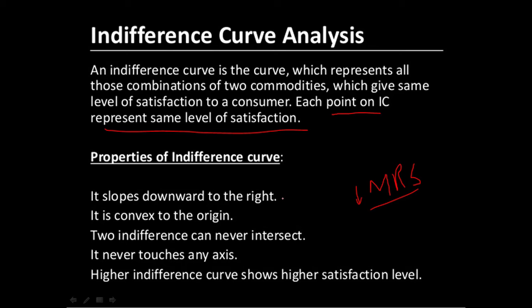It slopes downward, the first one. Why does it slope downward? Because when a consumer consumes more of one good and wants the other combinations to give him equal satisfaction, then he has to sacrifice another good. Meaning, in a combination, when a consumer prefers more of one good, he has to sacrifice the other good in order to have more of that one.